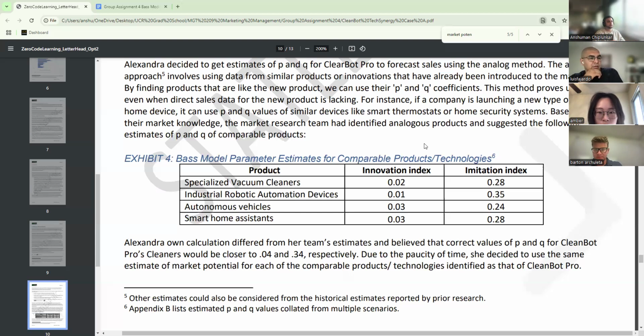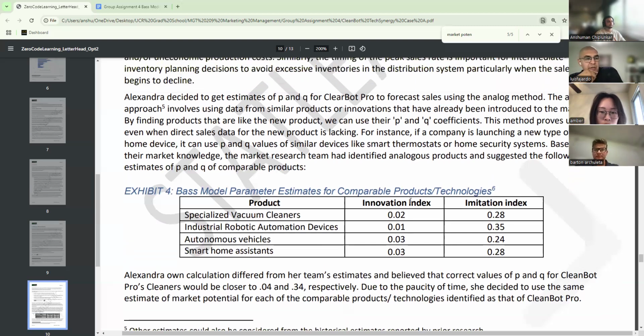The most important part was the fact that there are innovation indexes and imitation indexes for similar products in that vein. And then we still have to further segment it because the average household is 3.3. So that would be 10 million. Really, it's like 3 million households or 3.5 million households. So let's see if I can pull up.